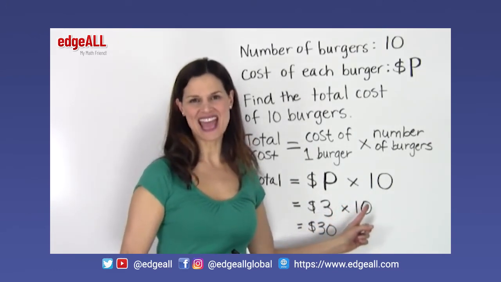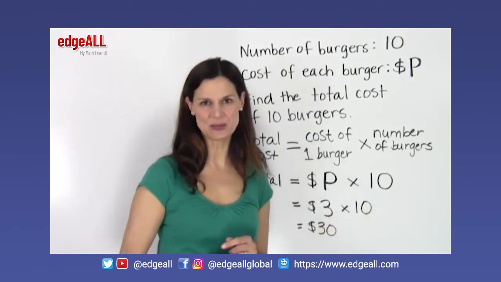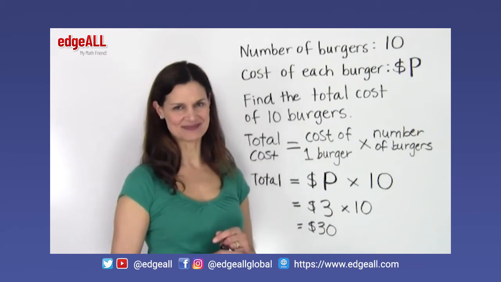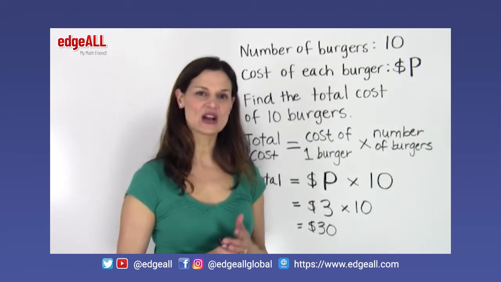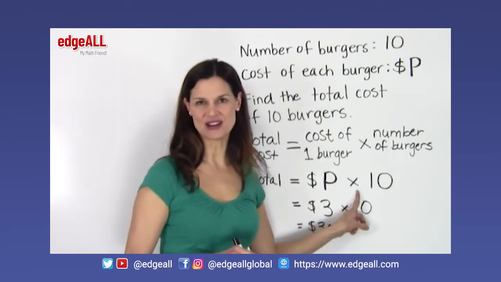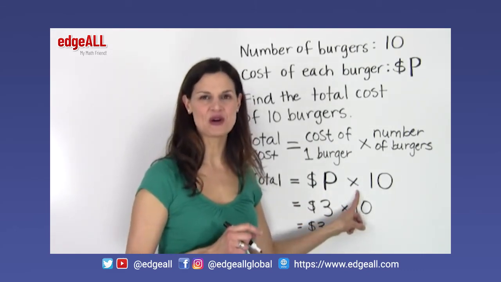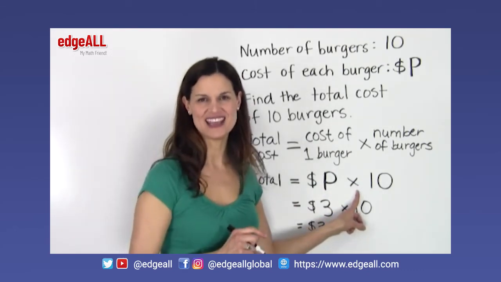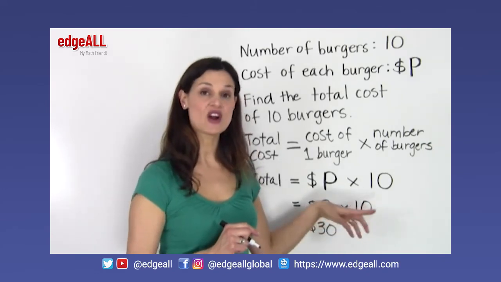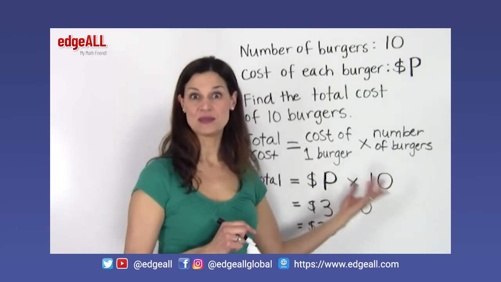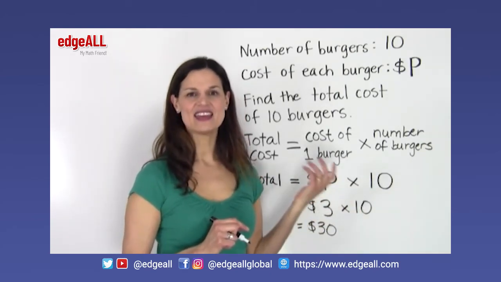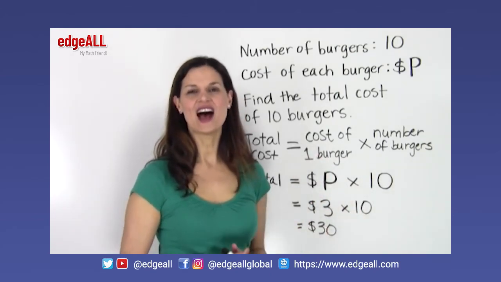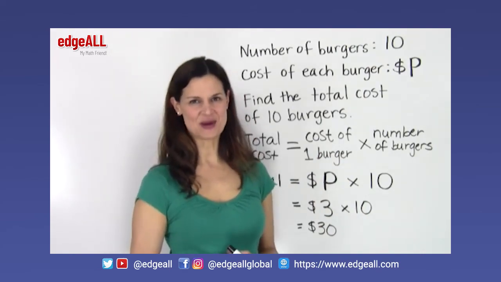P times 10 is called a simple algebraic expression. This expression is called simple because there is only one operator. I'm only performing one multiplication in this problem. If there are many operators, pluses and minuses, multiplication, adding, subtracting, dividing, the expression would be called a complex algebraic expression.